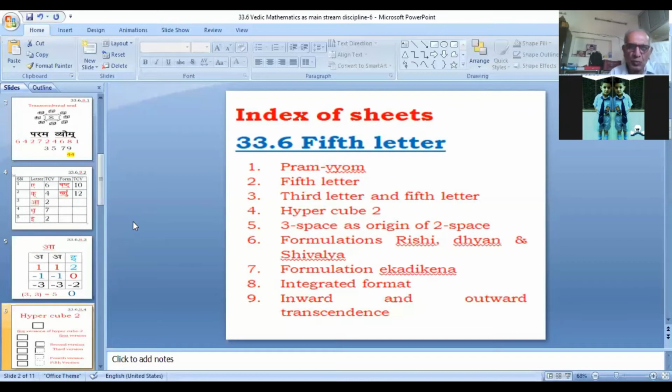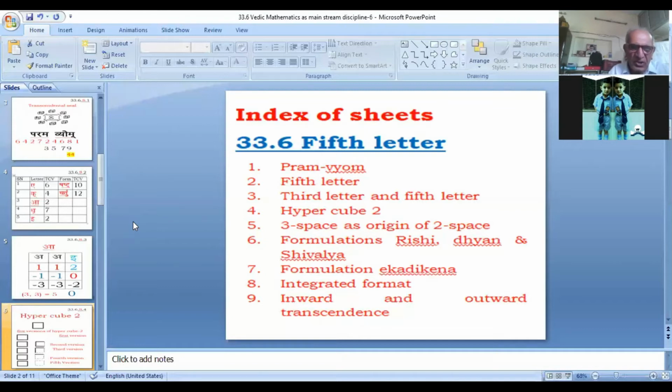Hypercube 2 is the representative regular body of 2 space. Hypercube 3 is the representative regular body of a 3 space. 2 space plays the role of the spatial dimension of 4 space. 3 space plays the role of the solid dimension of 5 space.